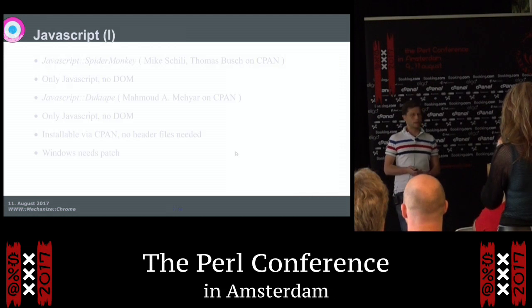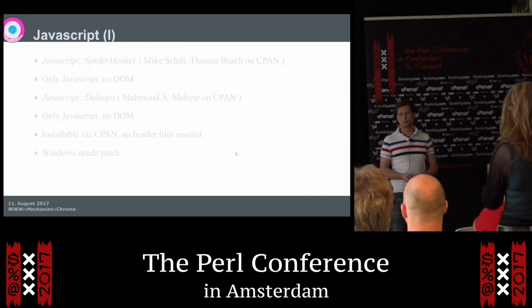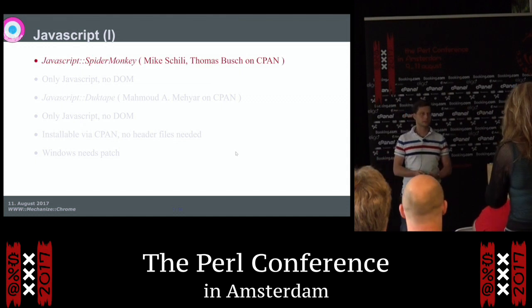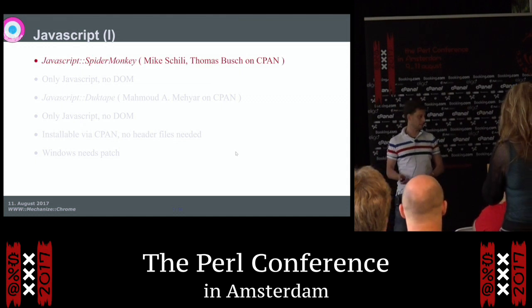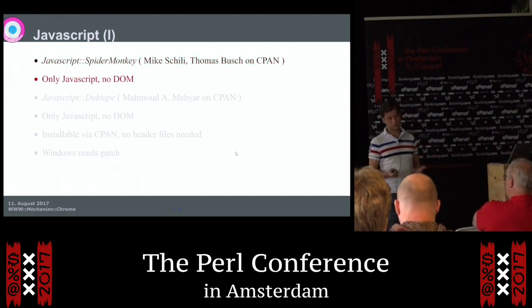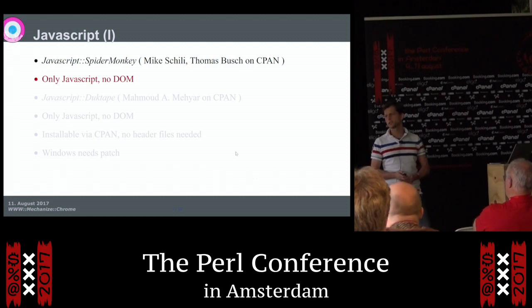So what ways are there to run JavaScript in Perl? There are at least a handful of modules that can run JavaScript from Perl. There's JavaScript::SpiderMonkey, which embeds the SpiderMonkey engine of Mozilla. But that can only do JavaScript, no DOM, no HTML directly.